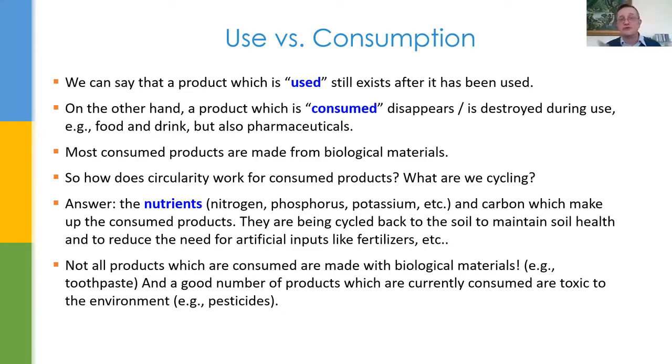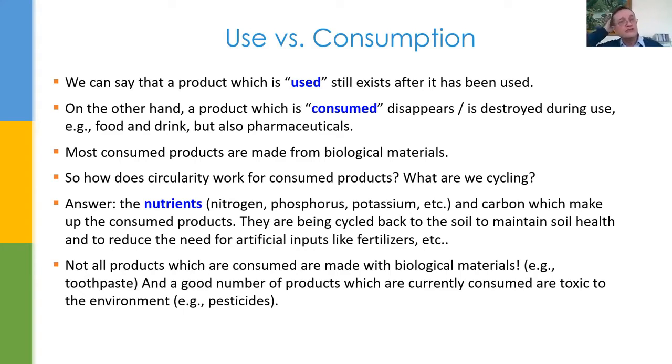For instance, food and drink. When we eat the food, that food disappears. I no longer have my steak, I no longer have my French fries, or to be a little bit more on the healthy side, I no longer have any salad. It's the same for pharmaceuticals. When I swallow my pharmaceuticals, those pharmaceuticals are destroyed to do their job in my body.